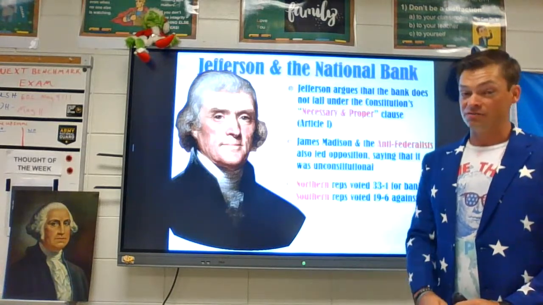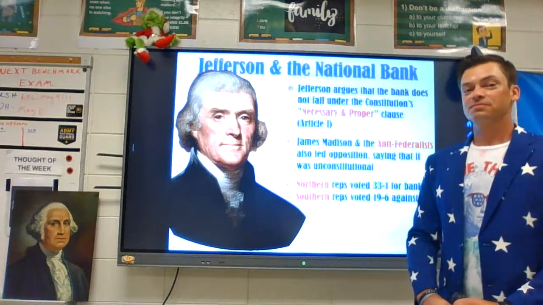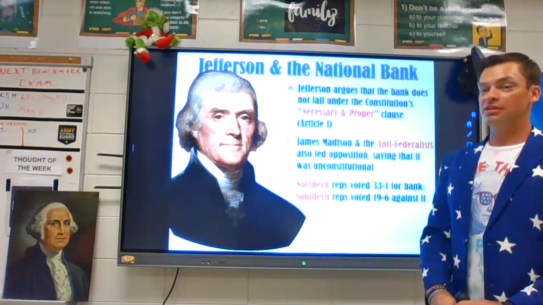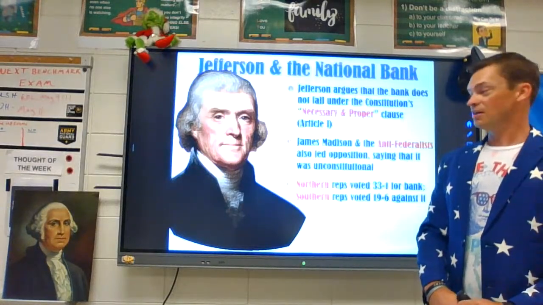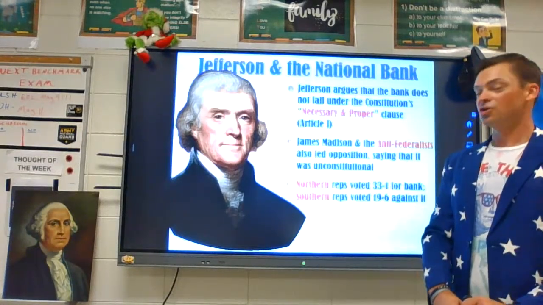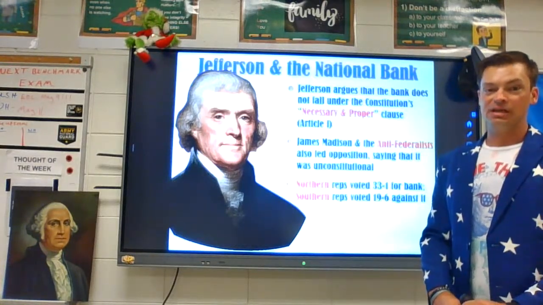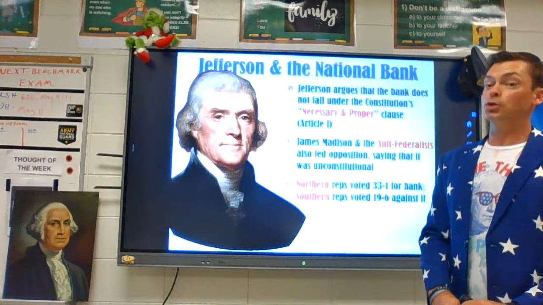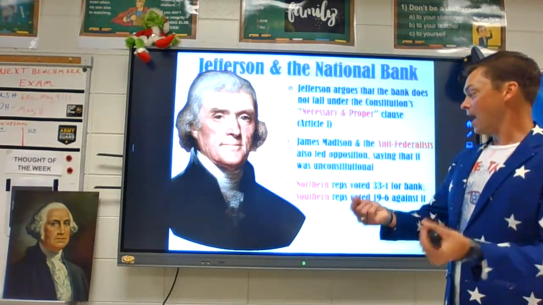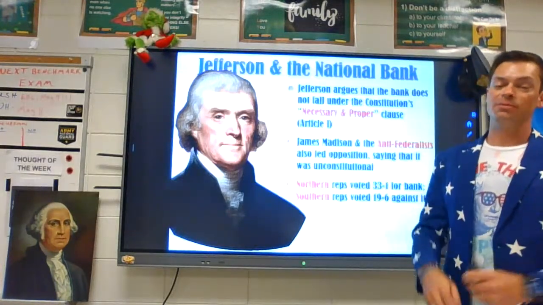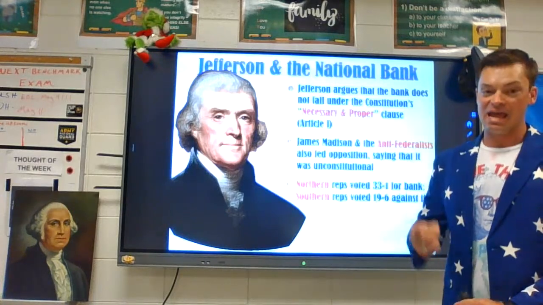Now, they didn't call themselves a party, but anti-federalists, federalists, and their diverging ideas are essentially the beginning of political parties. James Madison also falls into the anti-federalist camp, and the anti-federalists are saying that the national bank is unconstitutional. Since we didn't agree to it in writing in the Constitution, you can't just make it up out of thin air. Obviously, Hamilton, the opposite side, says that it is necessary and proper, therefore we can have it.